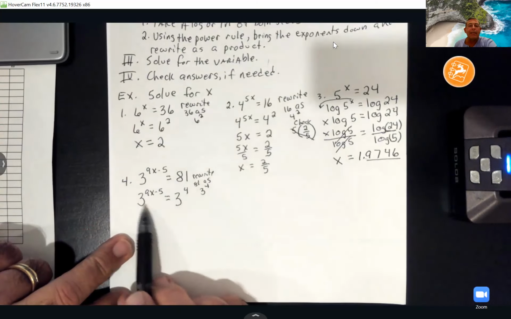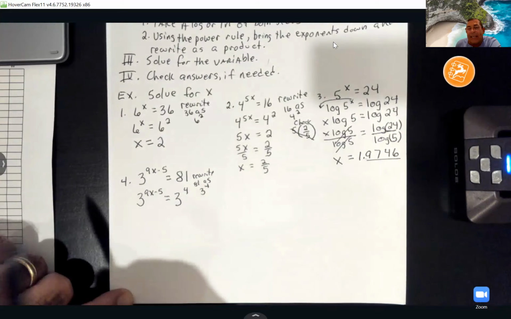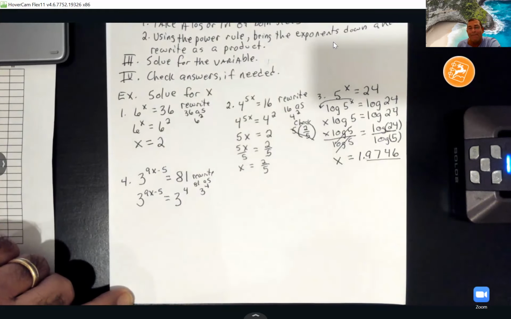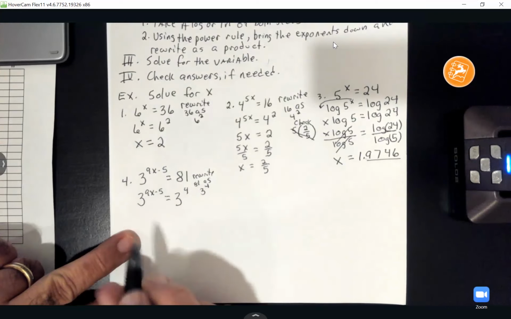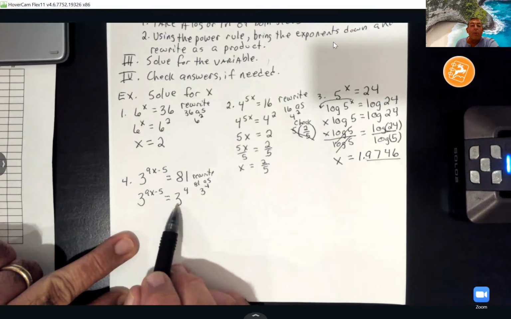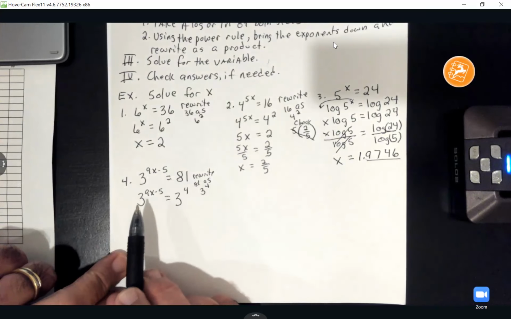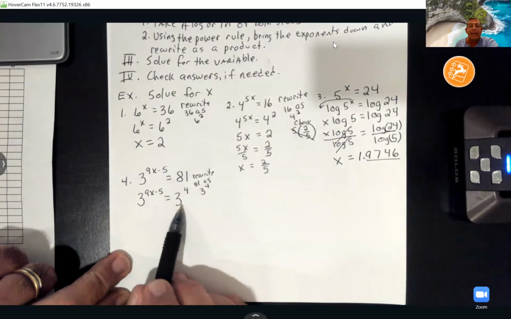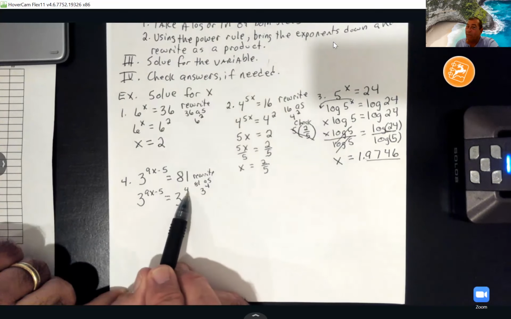Well, now we got the same bases. So that means this 9x minus 5 has to equal what? I was gonna say 9/5, but I don't think the math works on that one. Well, just the start of it. This side we had 3 to the 4th to get 81, right? So if we want these two sides to equal, then that means that 9x minus 5 has to equal 4.